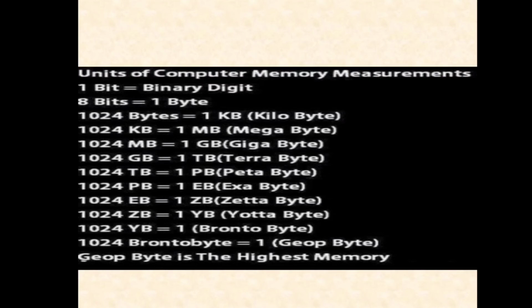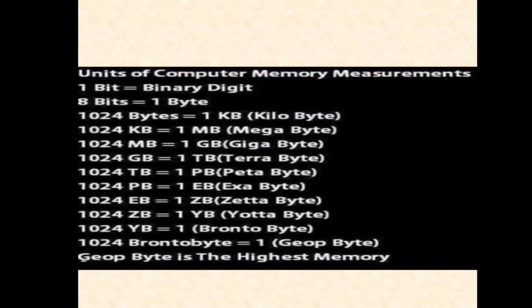Then 1024 bytes will be equal to 1 kilobyte. When the computer has a total of 1024 bytes, children, do not get confused here between bit and byte. When the computer stores a total of 1024 bytes, it will be called 1 kilobyte. Then 1024 kilobytes is equal to 1 megabyte.